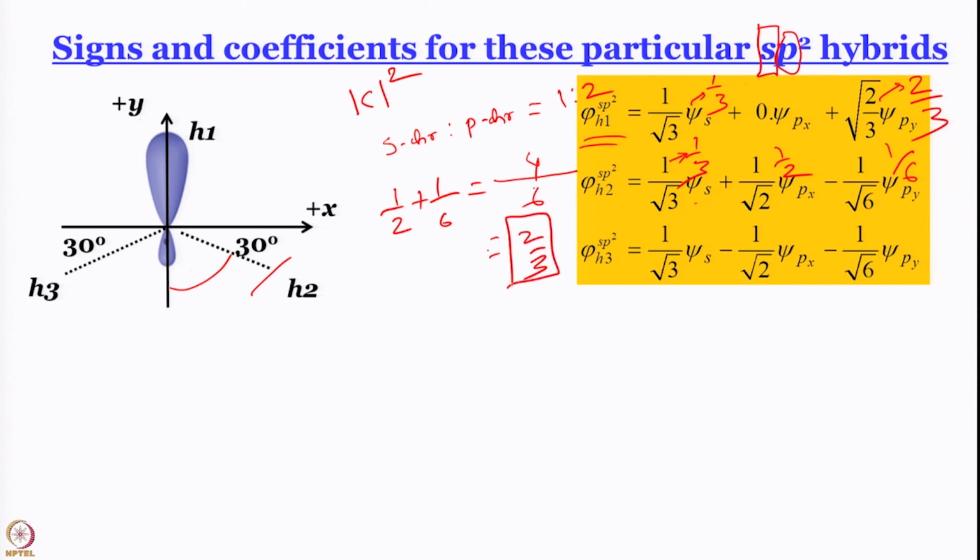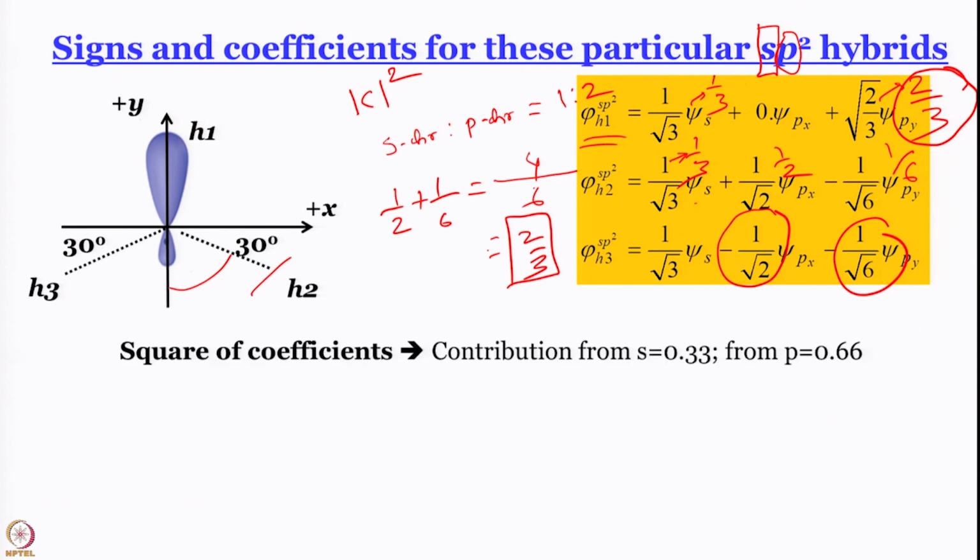Total contribution of p orbitals is 2 by 3, same as what it was in H1, right. So, total contribution is the same, and it is not very difficult to see that total contribution of P once again here is 2 by 3 as compared to 1 by 3 for S. So, all are sp2 hybrid orbitals, all are equivalent, and the meaning of sp2 then is that contribution of S is 1/3, total P character is double of that, 2/3, 0.33 and 0.67 if you will, right.